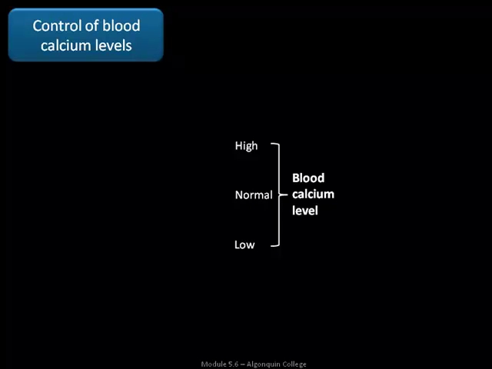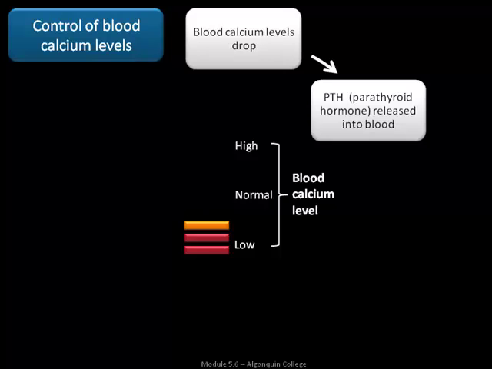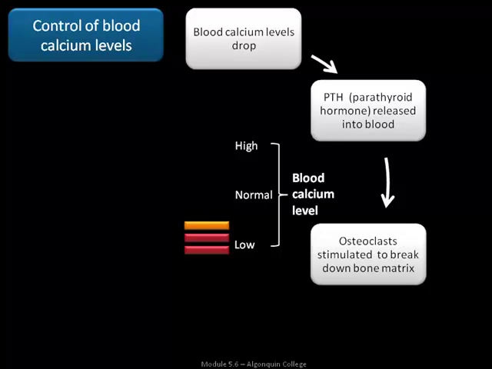To control blood calcium levels, osteoblasts and osteoclasts regulate the deposition and dissolving of bone. When blood calcium levels drop below normal, PTH or parathyroid hormone is released into the blood. Osteoclasts are stimulated to break down bone matrix.